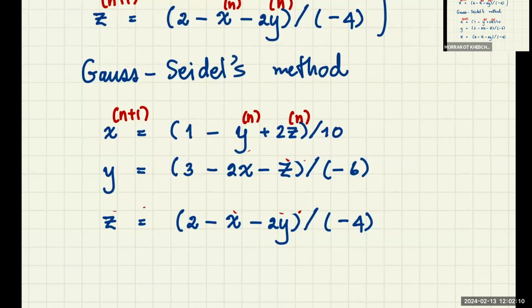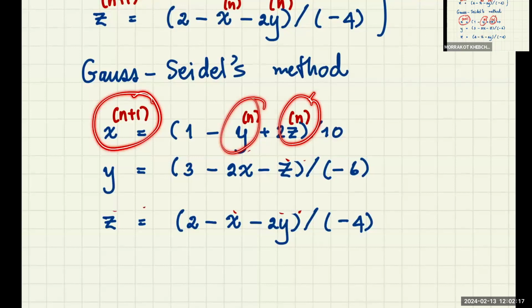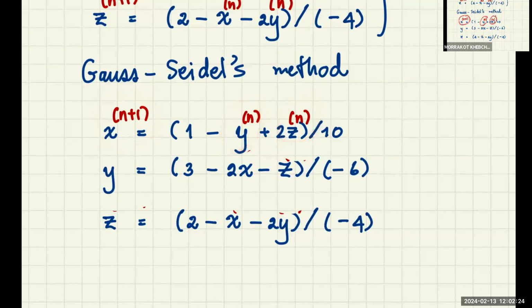Okay, I make an initial guess and plug in here. I get the new value of x, but this x is updated already. So to calculate y, if you want the new value of y, instead of using the previous one, x_n, I will use x_(n+1), because you already got this one updated.